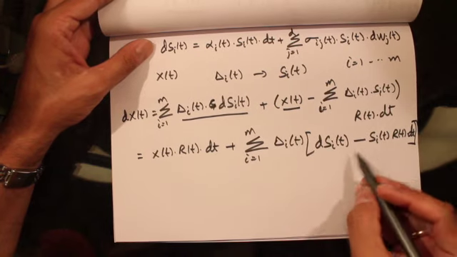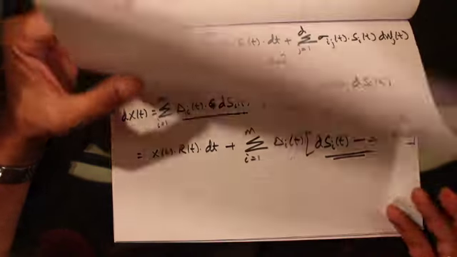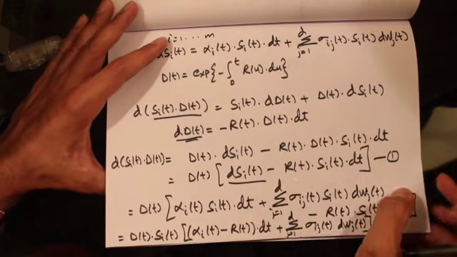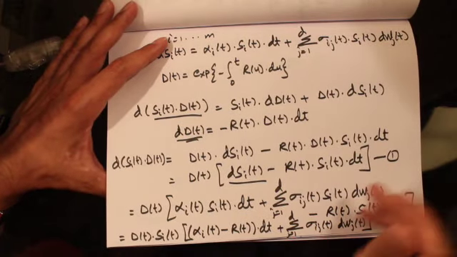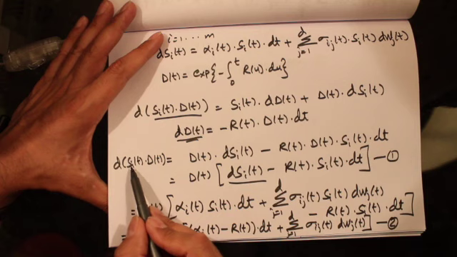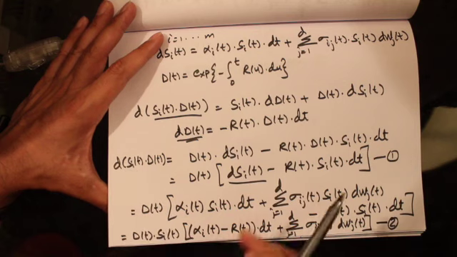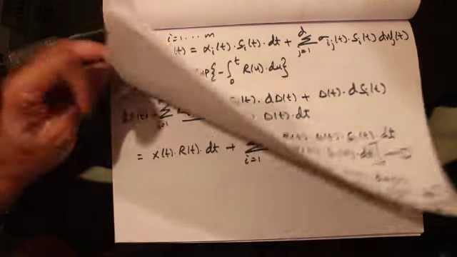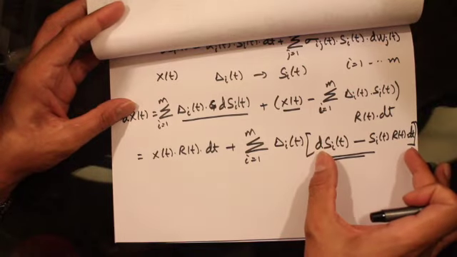Now let's compare this to equation number 1, from when we started the lecture. We said the differential of the discounted value of the stock is given by this equation, which is very similar to this.